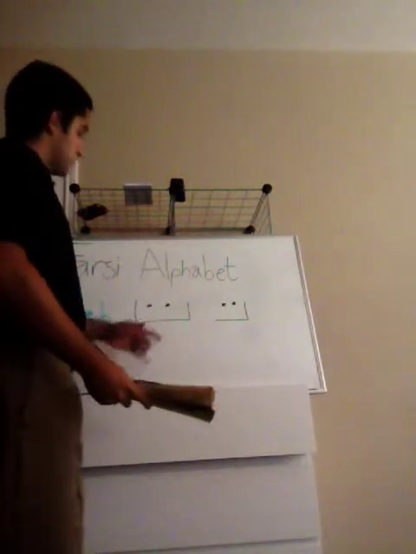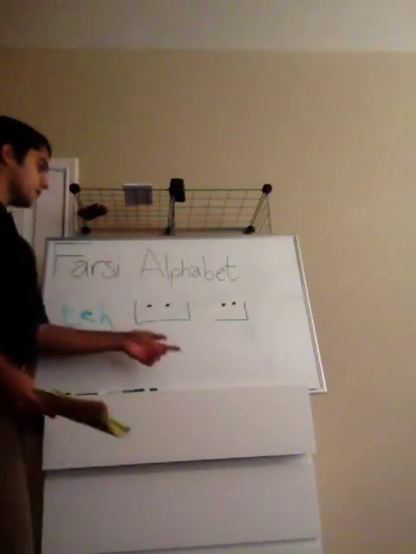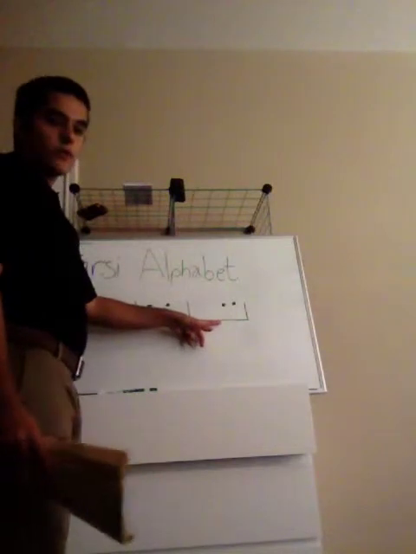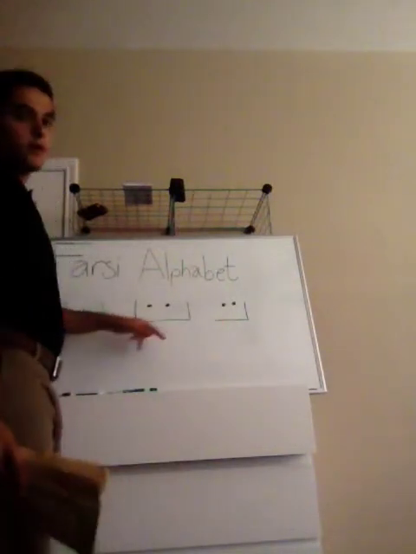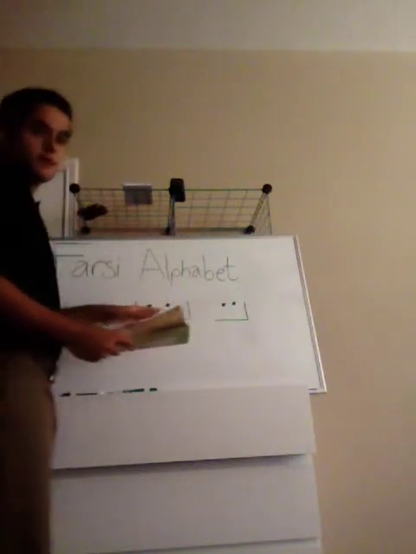Again, don't be confused. These are not two separate letters, but the same letter in different forms. We put this in the beginning of a word, or the middle part of a word, and this at the end of the word. Yeah, Farsi has a lot of dots in its letters.